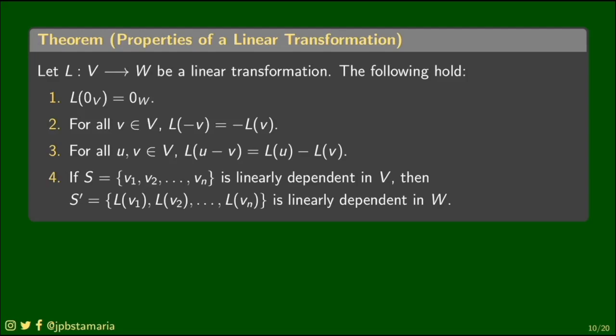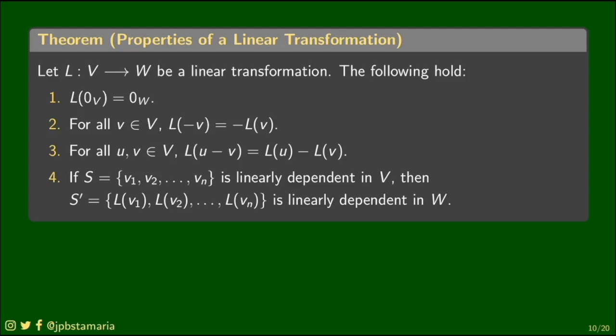Meaning to say, if I have a linearly dependent set of vectors in the domain, let's say S containing V1 up to Vn, then if we collect their images under L, which is now a subset of W, that particular subset S prime is going to also be linearly dependent in W.